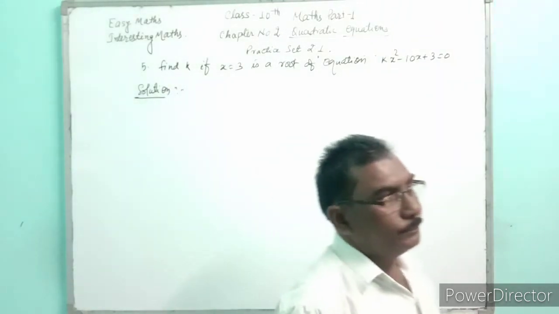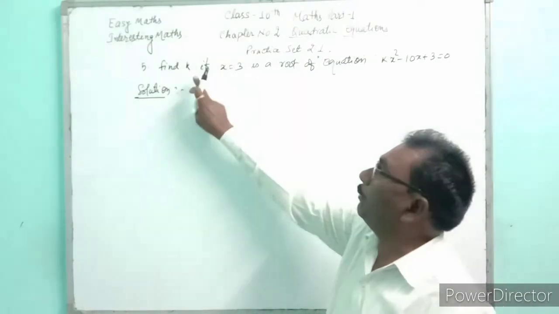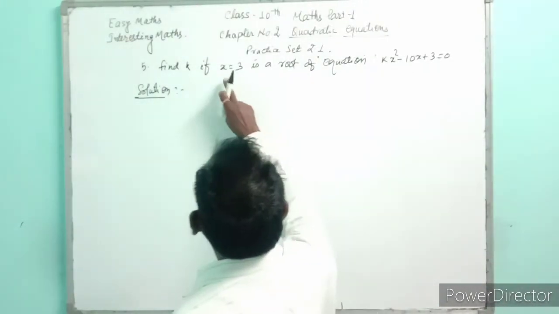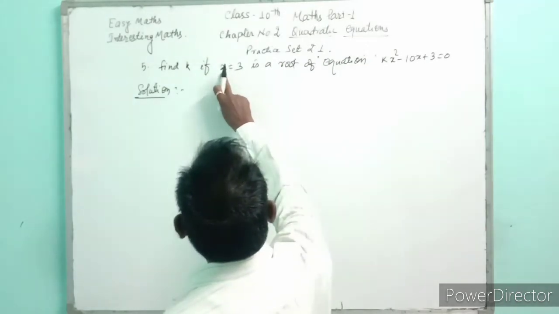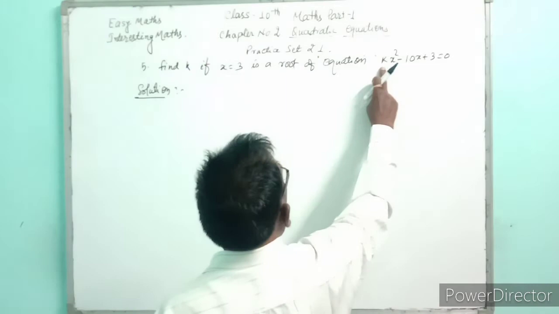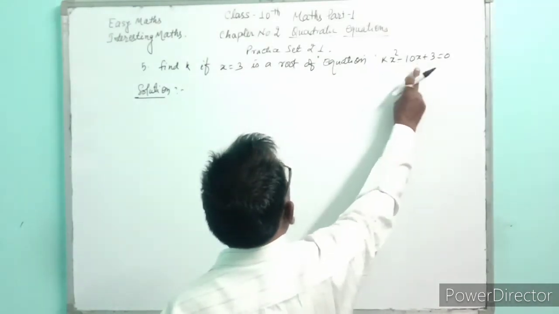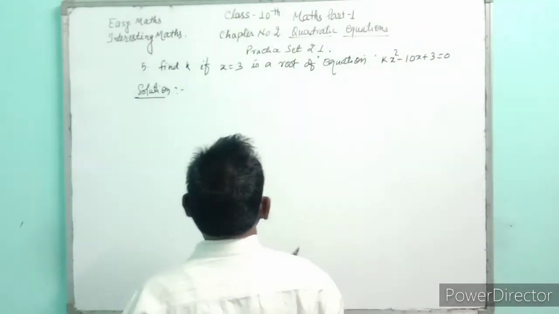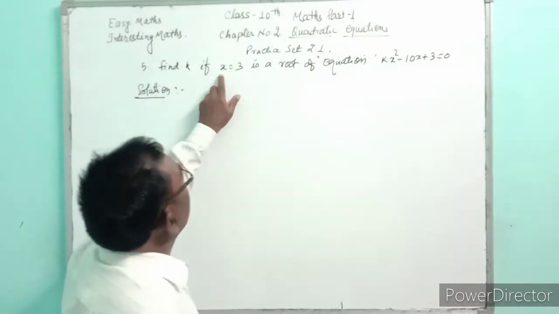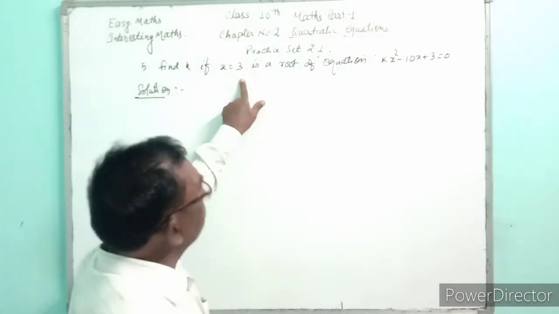In this problem, we have to find the value of k, and x is equal to 3 is a root of the equation, which means this quadratic equation kx square minus 10x plus 3 is satisfied for x is equal to 3.